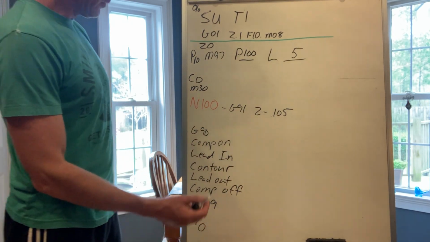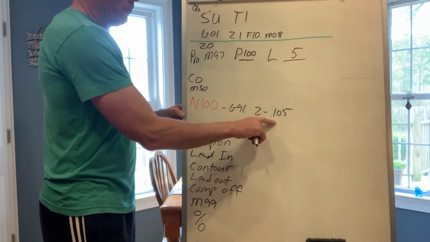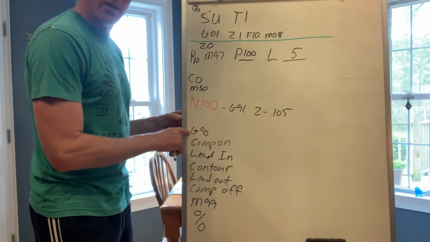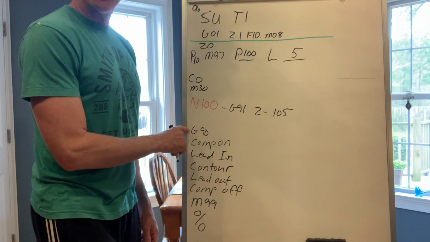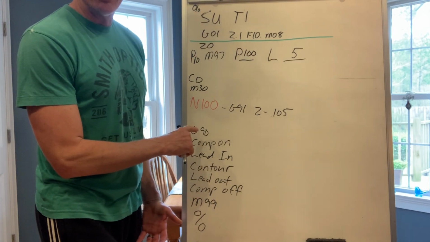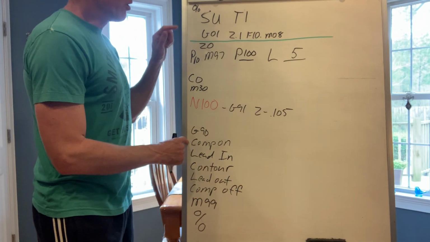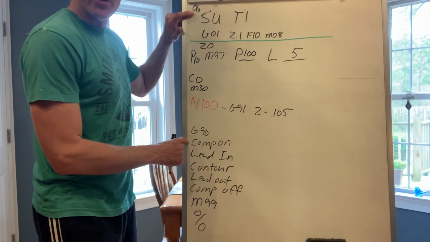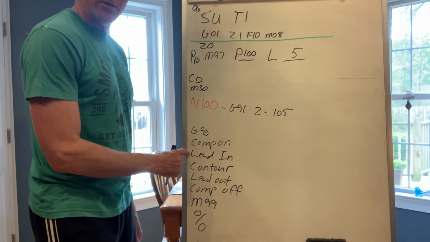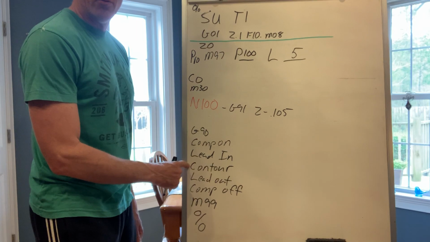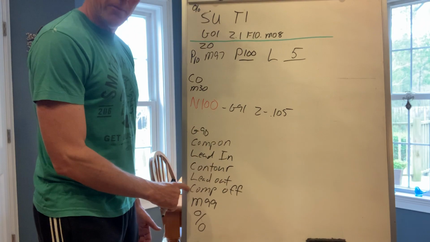All right? Once you switch over to absolute, incremental, to make that depth, immediately go back to absolute because you've programmed all your points for the contour in absolute. G90. Now, you're already at your start point because you're up here at your start point and your startup. So now you go to your comp on, your lead in, the actual contour of the part, which are the points you've plotted, the lead out, and the comp off.